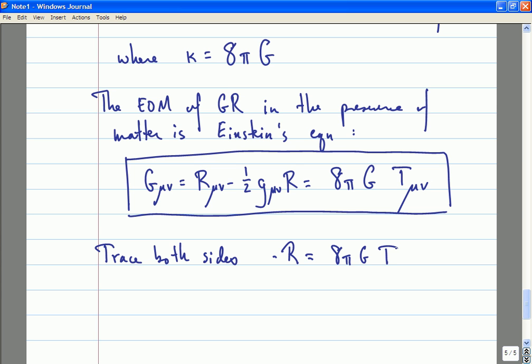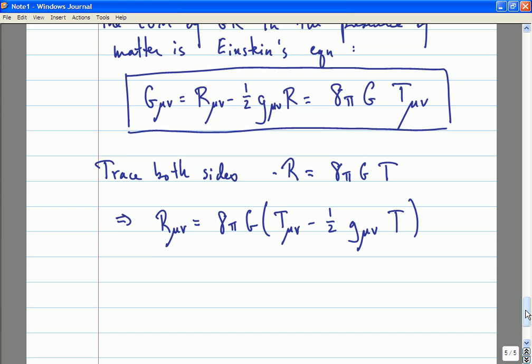So you could plug that in and write down Einstein's equation for the Ricci tensor rather than the Einstein tensor, and you would get R mu nu equals 8 pi G times T mu nu minus 1/2 g mu nu times T. So this is a completely equivalent version of Einstein's equation, which is sometimes called the trace-subtracted Einstein equation.